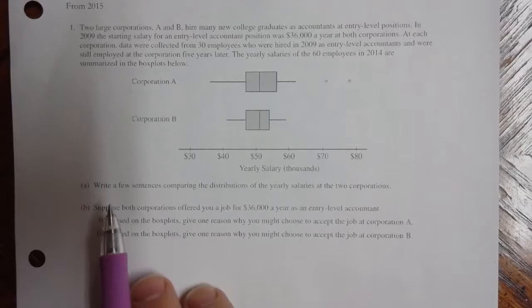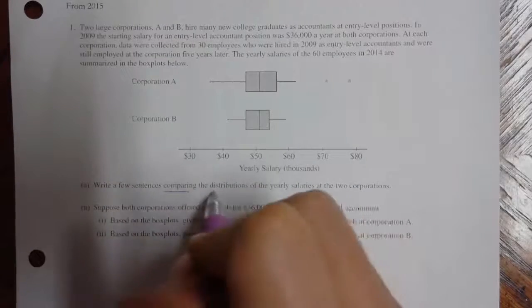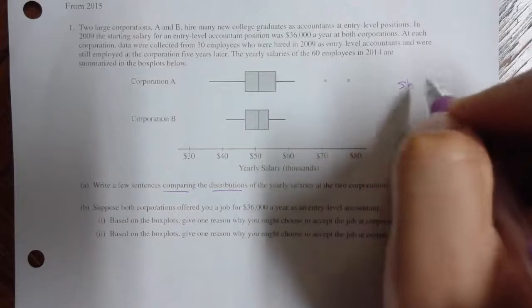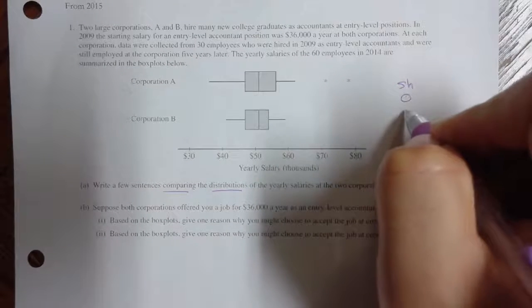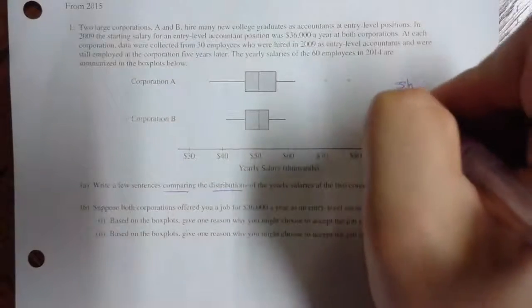The first part says, write a few sentences comparing the distributions. And when you see comparing distributions, you should always think of the same things. We want to see shape, outlier, center, and spread.